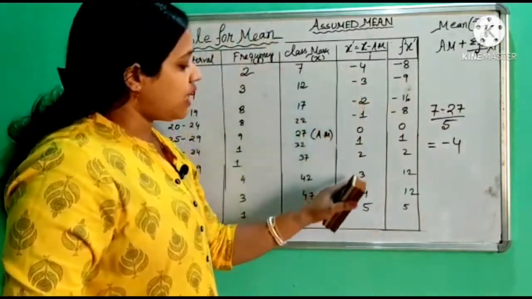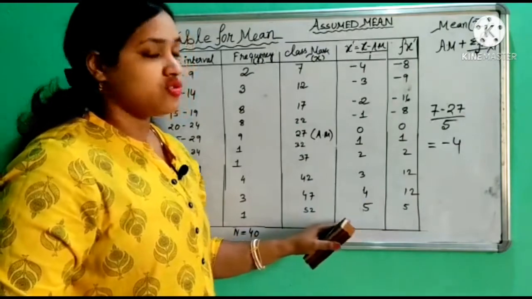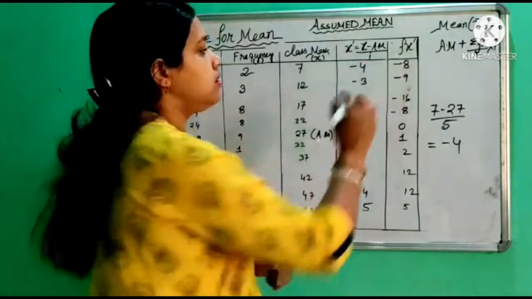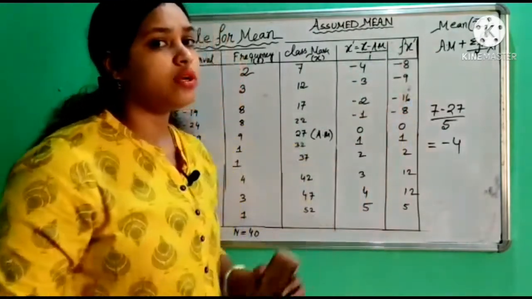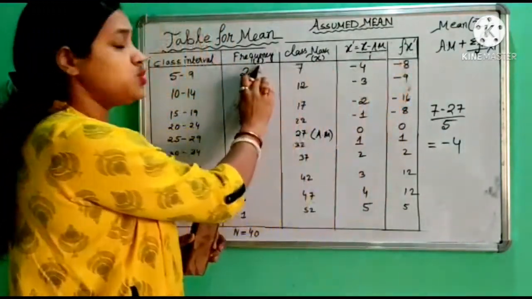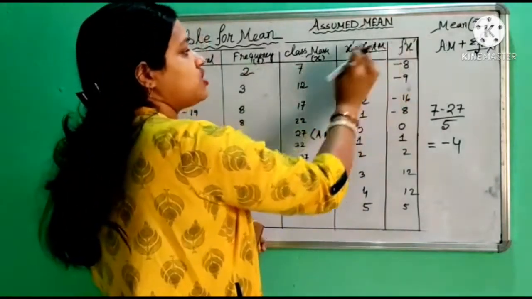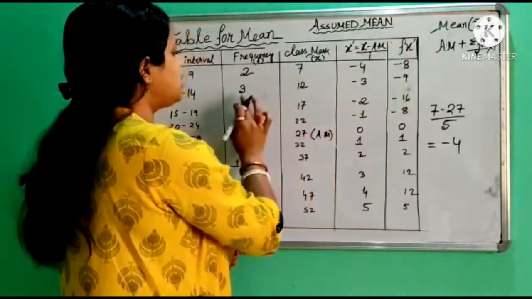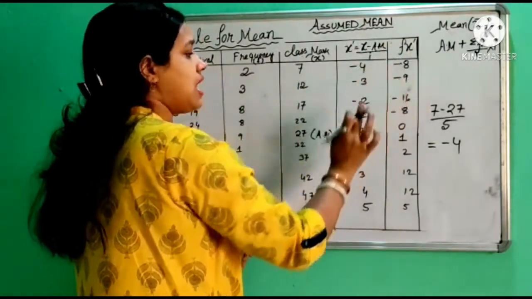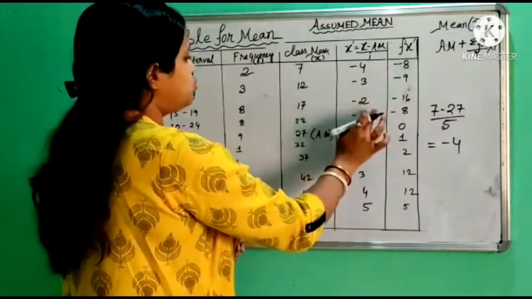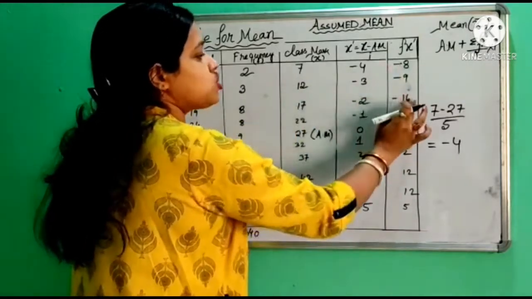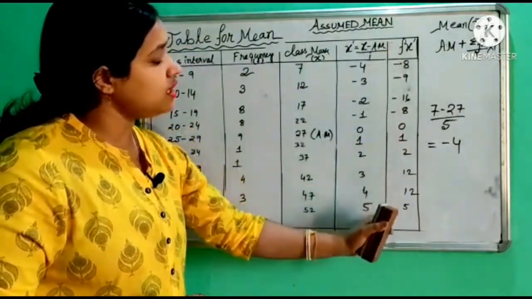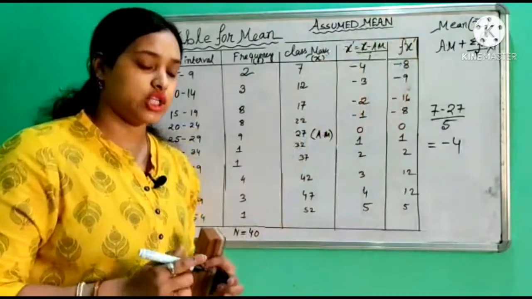In this way you calculate all the x dash for the class intervals. Now you calculate fx dash. Here f means frequency and x dash is this one. So 4 into 2 is minus 8, 3 into 3 is minus 9, 2 eights are 16. In this way you arrange all the data against fx dash.